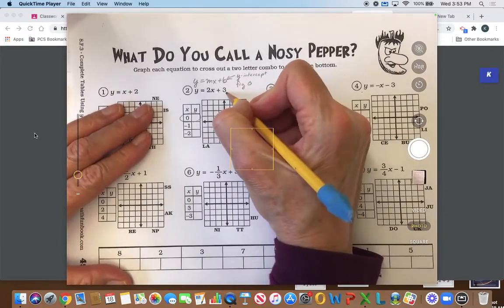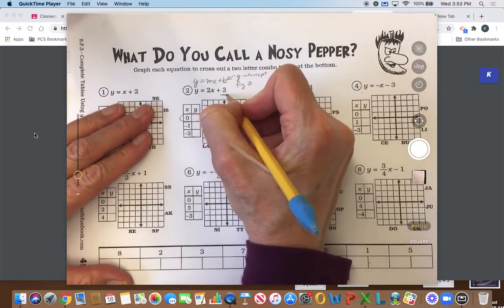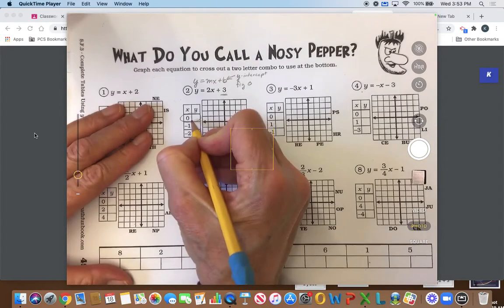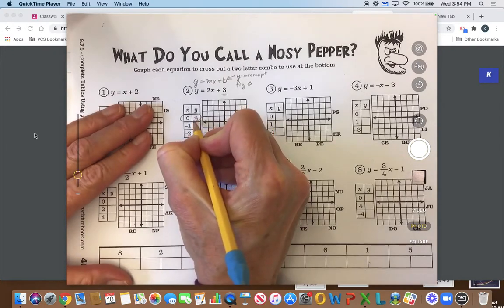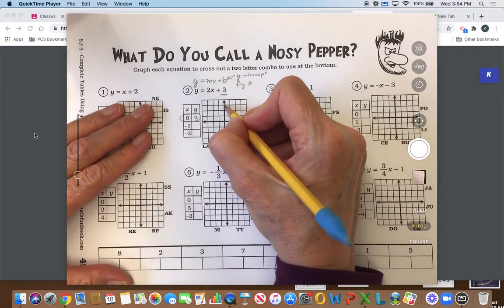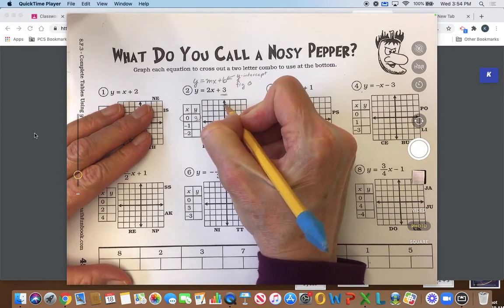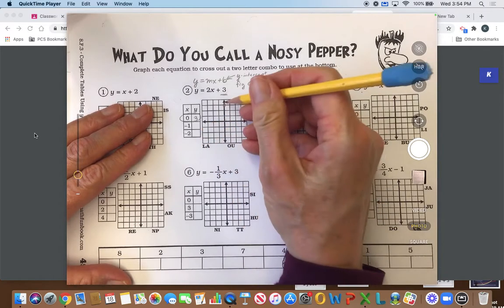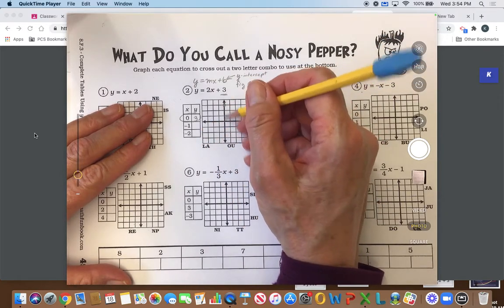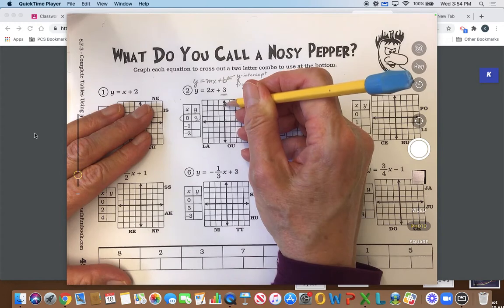So if we look at this one, we know that 3 is b, so 3 is our figure 0, and it's also our y-intercept. So the line is going to intersect the y-axis right there at that point.